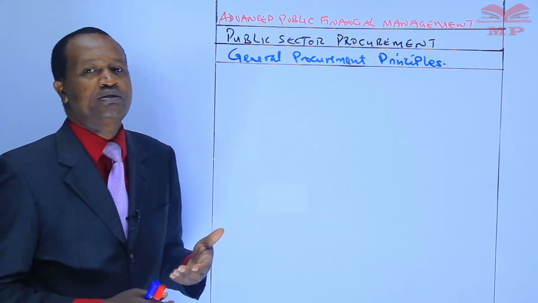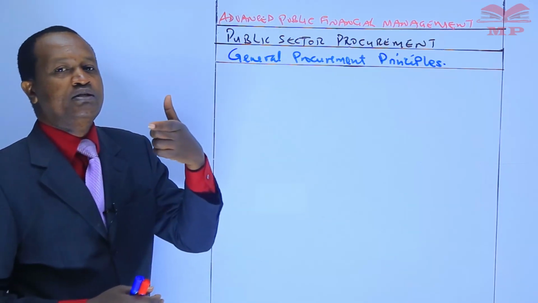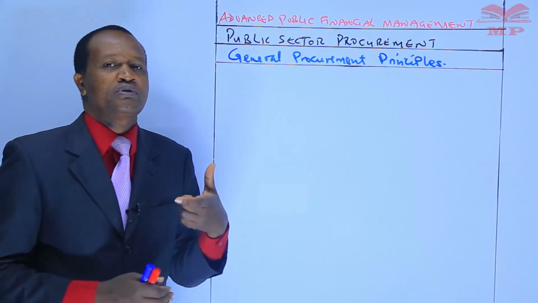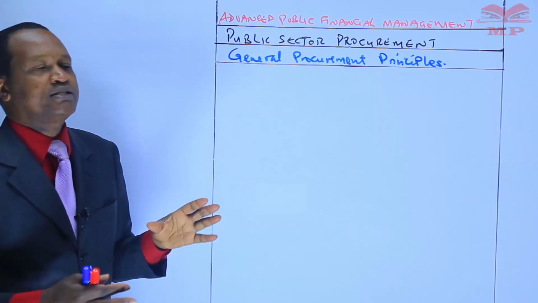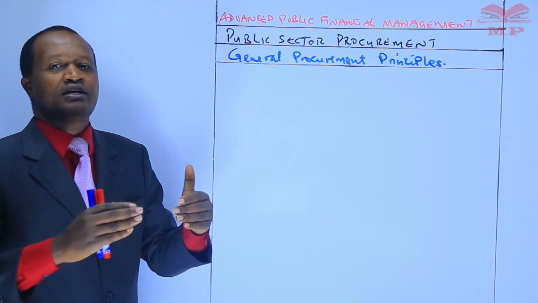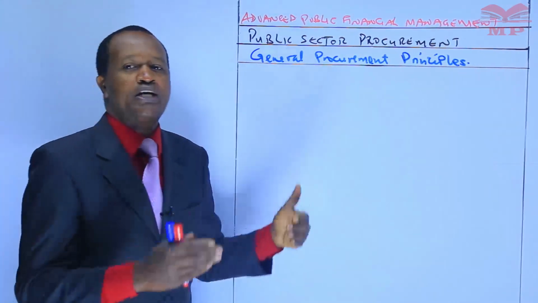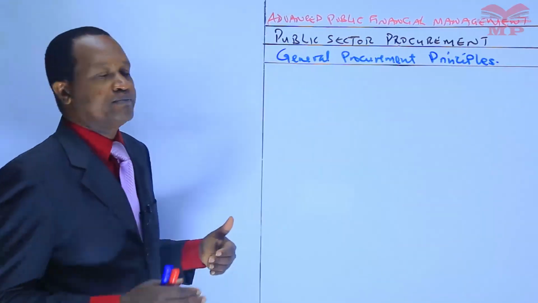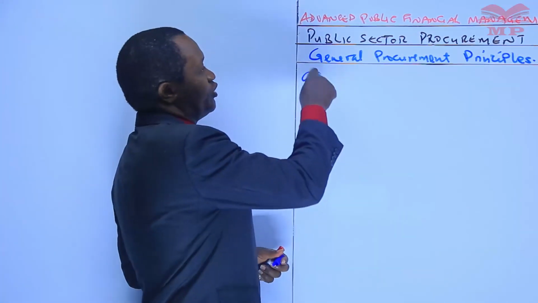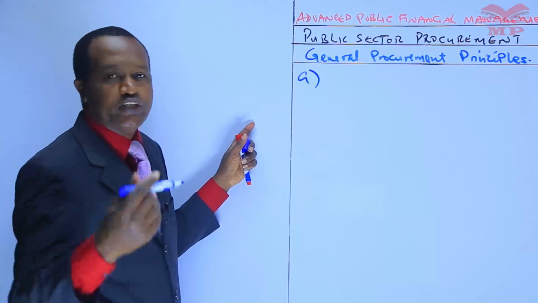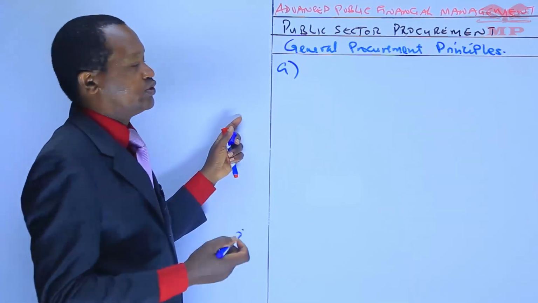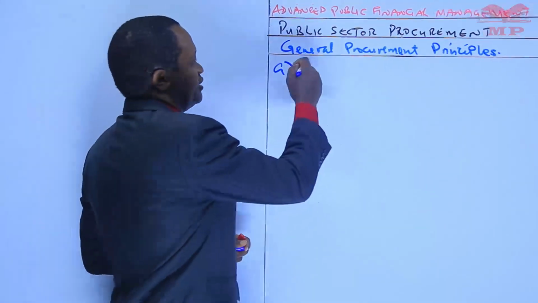All right? So the procurement principles encompass areas like compliance to the legal and regulatory framework. In fact, that is one important procurement principle: strict compliance to the legal and regulatory framework.